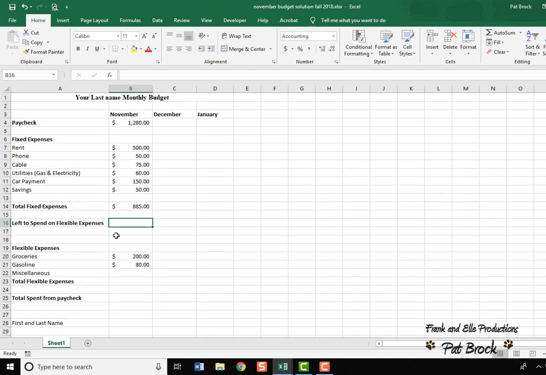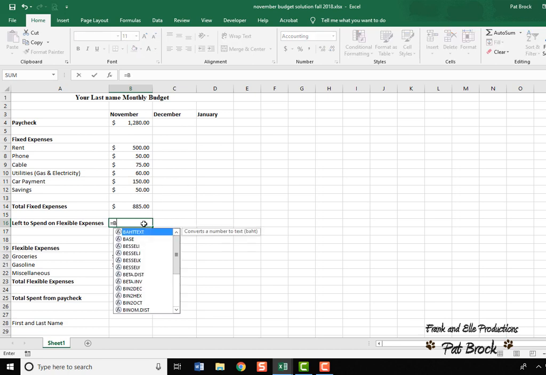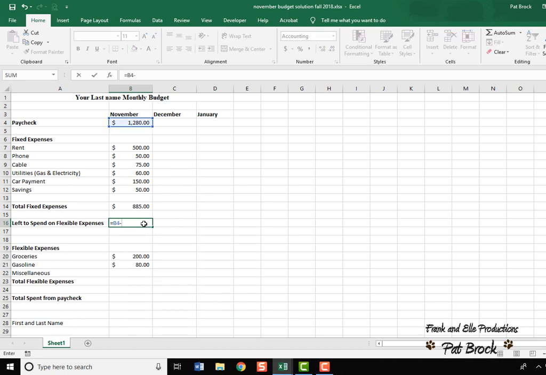So how much money do I have left to spend after I've paid my fixed? I know my paycheck is in cell B4, so it'll be equal B4 minus, and I have in cell B14 the sum of all my fixed expenses, so it'll be B14. And then when I click inside, I have $395 to spend on flexibles.